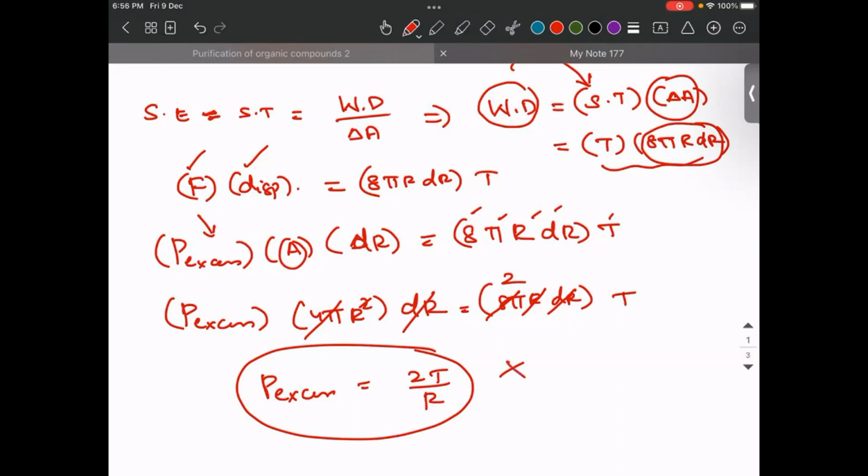So this is an important expression to be remembered. Got it?